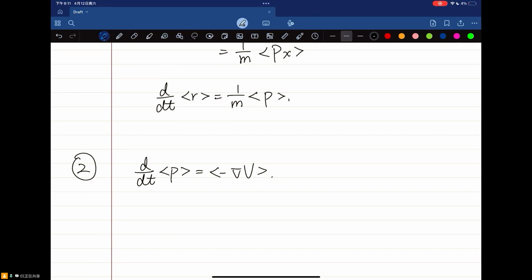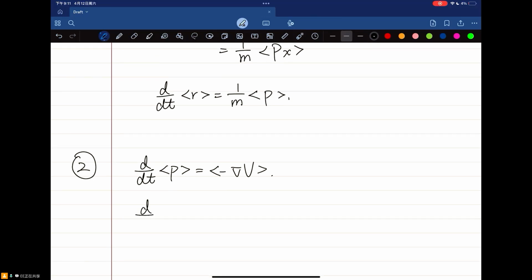Okay, this. Again, we can use the Ehrenfest theorem. And the Ehrenfest theorem tells us that d/dt of the expectation value of p is equal to this. Okay, h, and substitute with p.